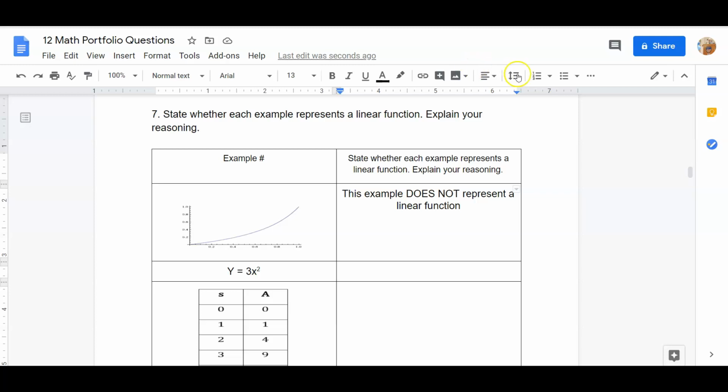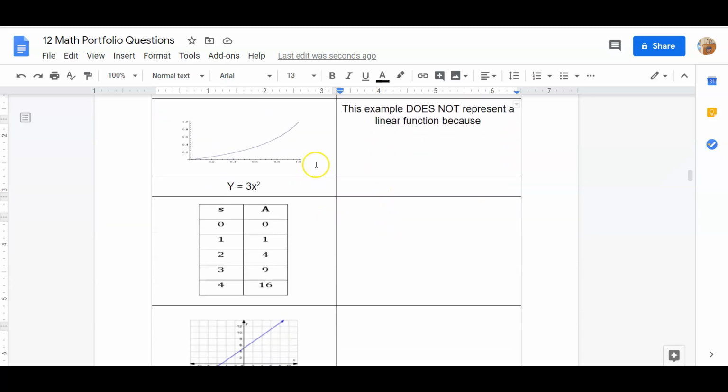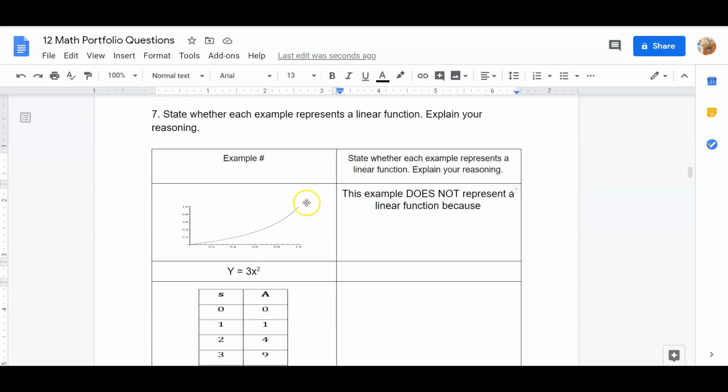So you should start your sentence like this and explain, using the word because. If to be linear means it's a straight line, how could you explain this not being linear? Okay, so that's how you would answer something with a graph.